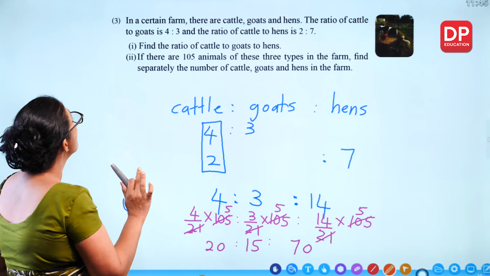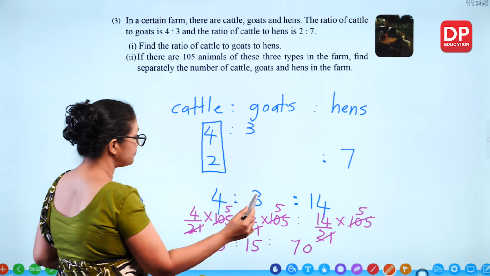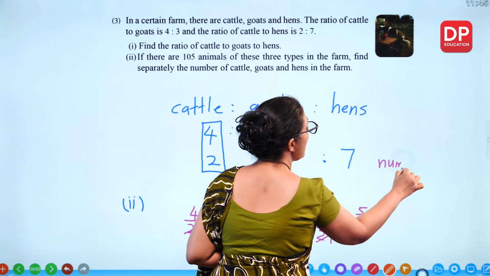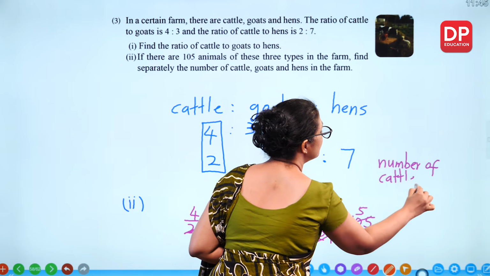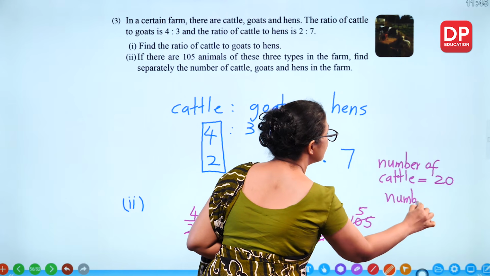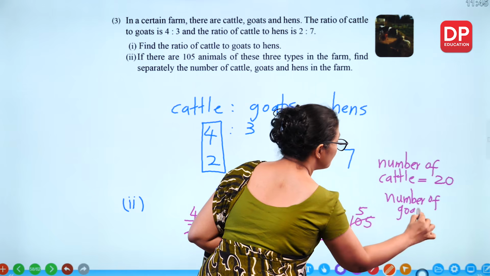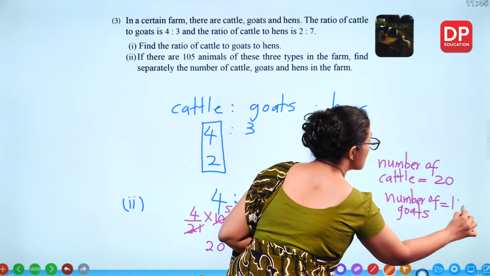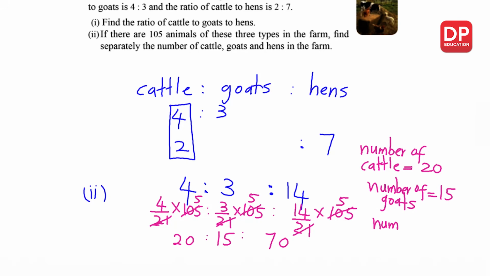So number of cattle 20, number of goats 15, and number of hens 70.